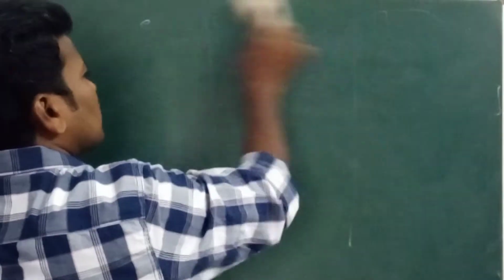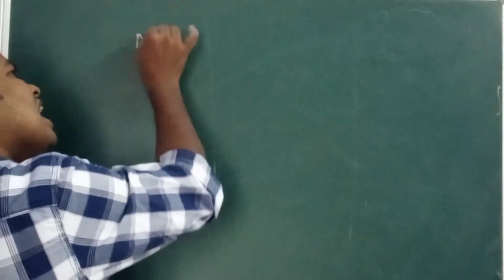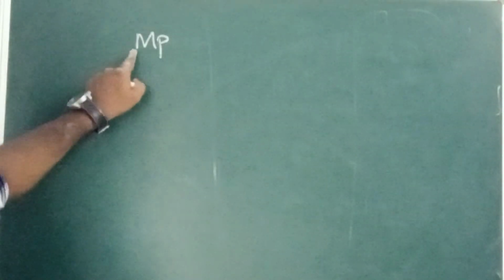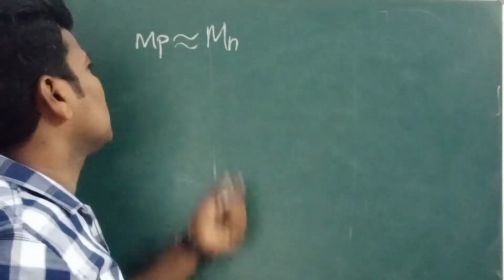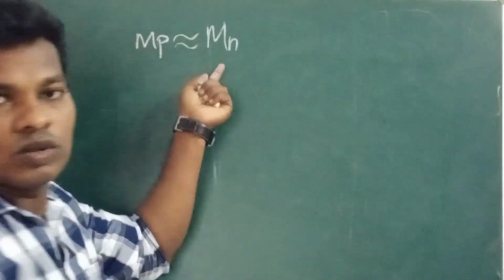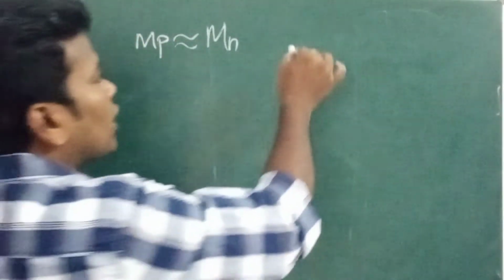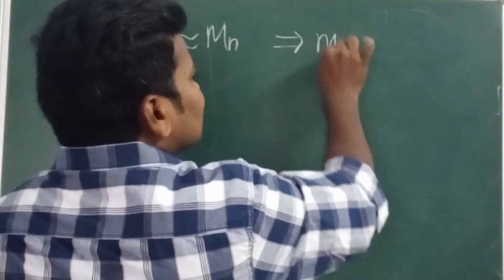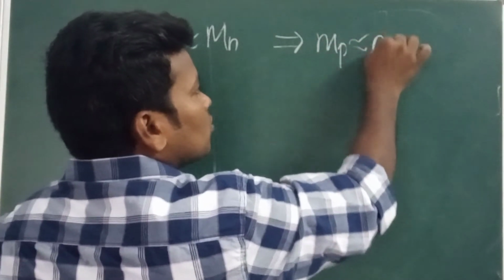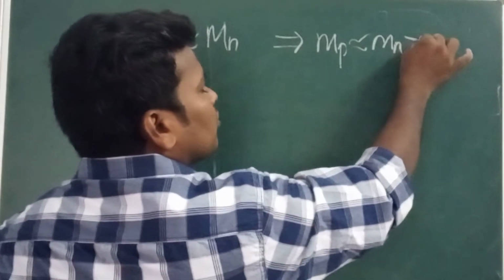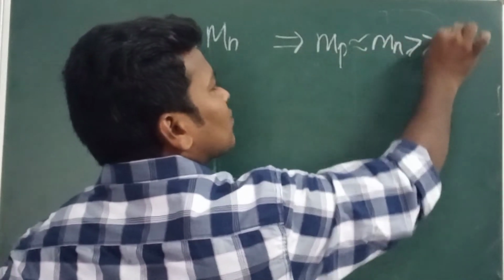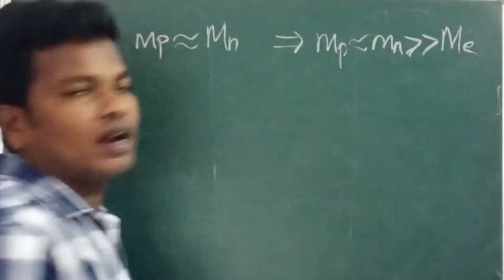So now you can see, the electron mass and proton mass we have to remember. The mass of the proton, where m is the mass and p is the proton, is nearly equal to the mass of the neutron. These two have a greater mass when compared to the mass of the electron.